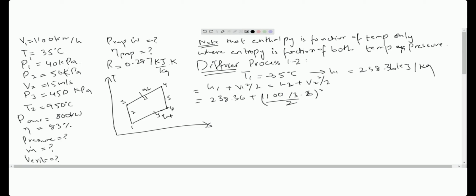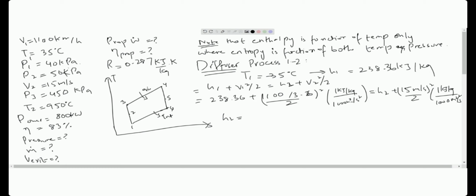This is kilometer per hour, so we are changing into meter per second, so dividing by 3.6, into 1 kilojoule per kg divided by 1000 meter square per second square, is equal to H2 plus 15 meters per second square divided by 2, into 1 kilojoule per kg divided by 1000 meter square per second square.